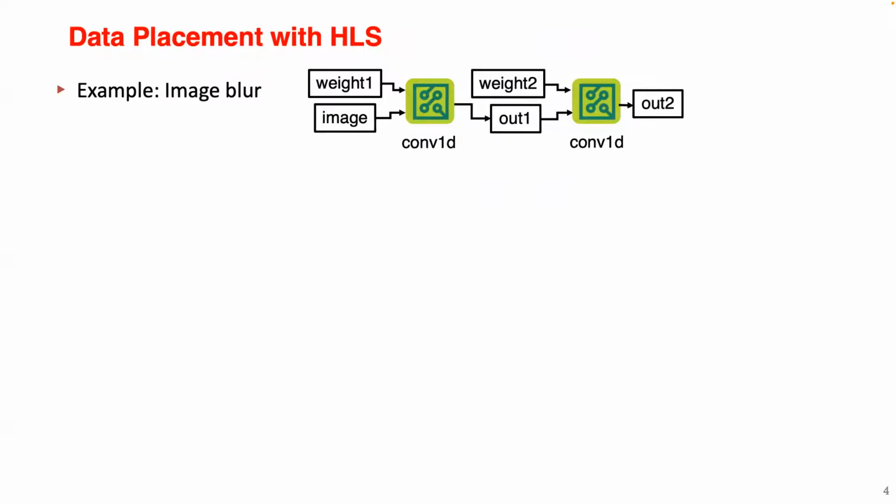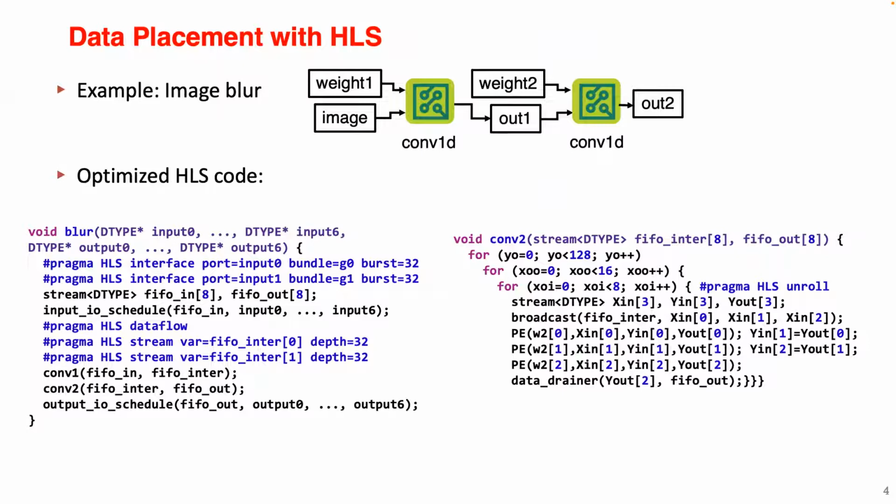Here, we use image blur as an example to illustrate the data placement optimizations in HLS. Image blur consists of two back-to-back convolutional 1D kernels. Here, let's look at the HLS code with the optimized data placement. HLS programmers need to insert vendor-specific pragmas and restructure the code in different ways to optimize data placement at different levels.